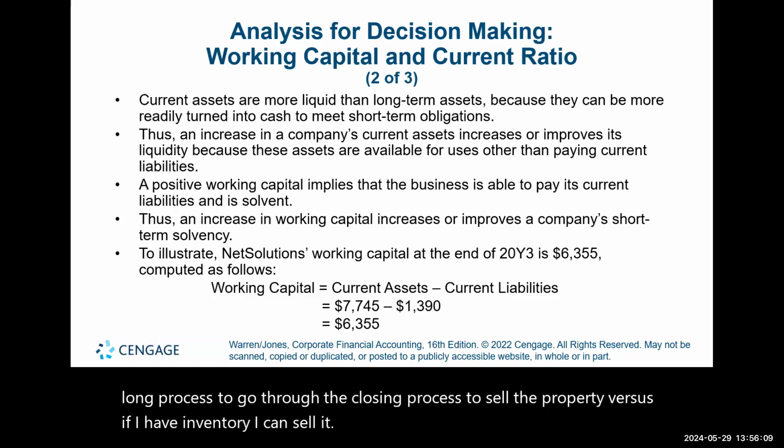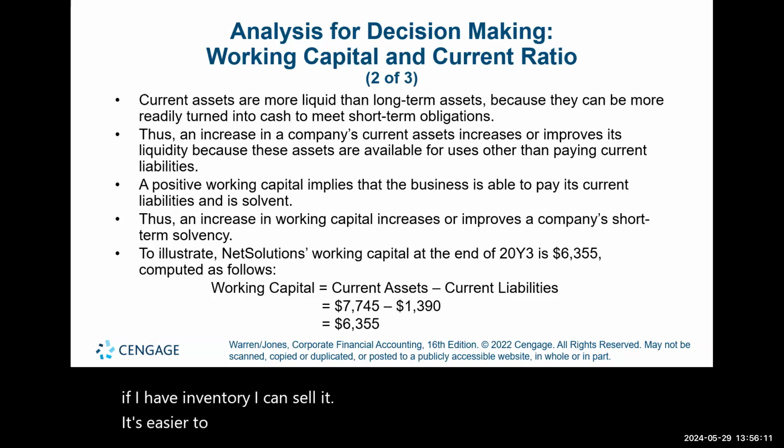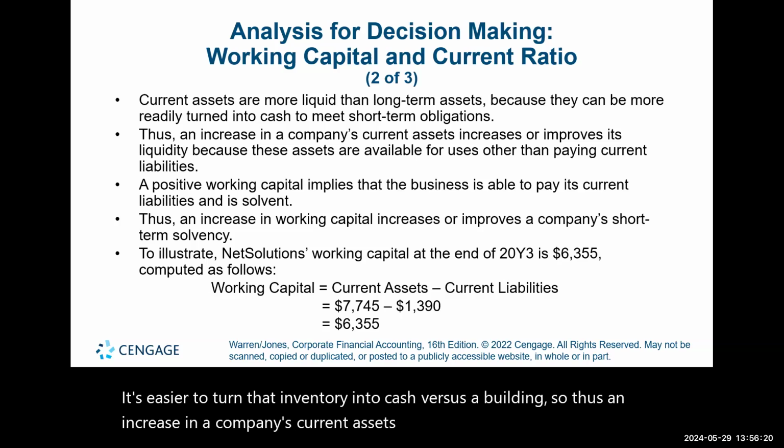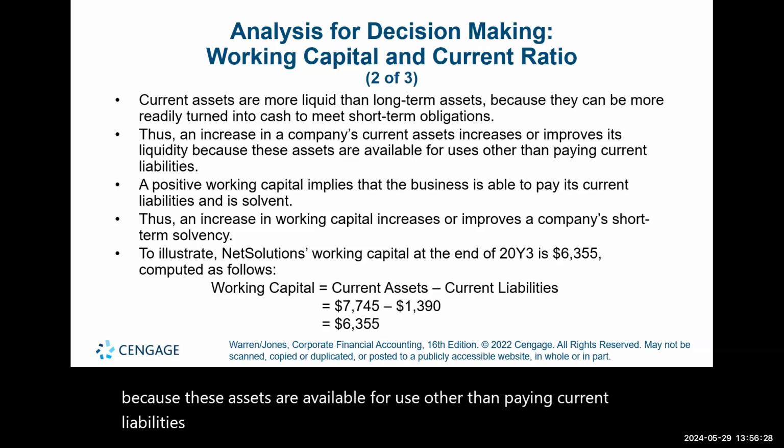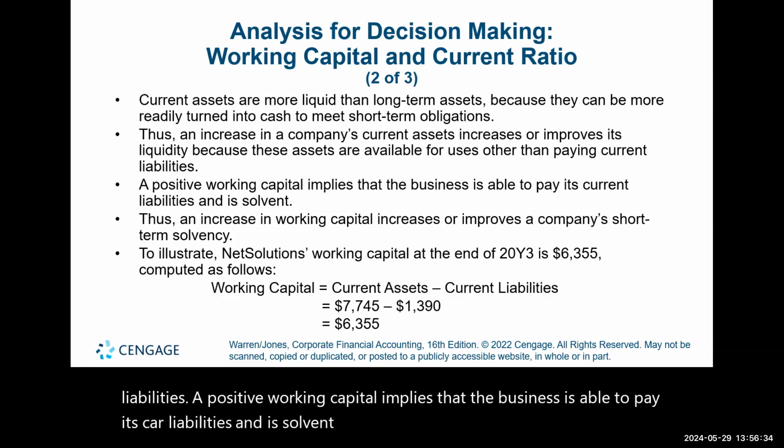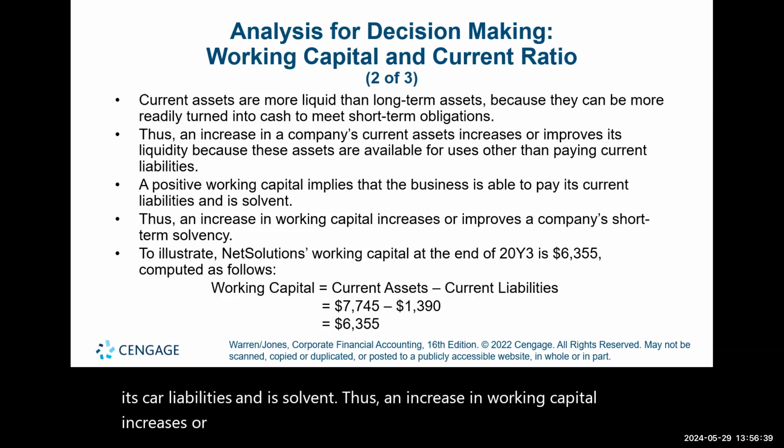So it's easier to turn inventory into cash than a building. Thus, an increase in a company's current assets improves its liquidity because these assets are available for use other than paying current liabilities. A positive working capital implies that the business is able to pay its current liabilities and is solvent. Thus, an increase in working capital improves a company's short-term solvency.